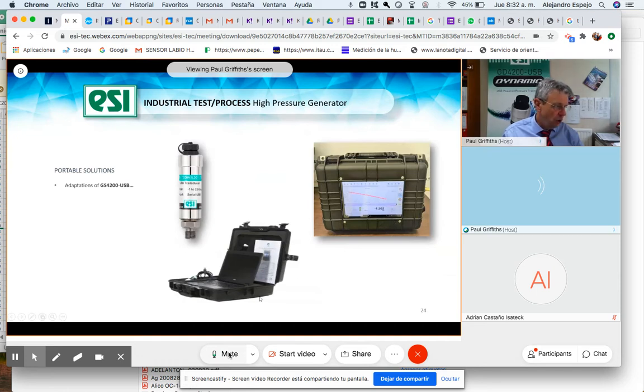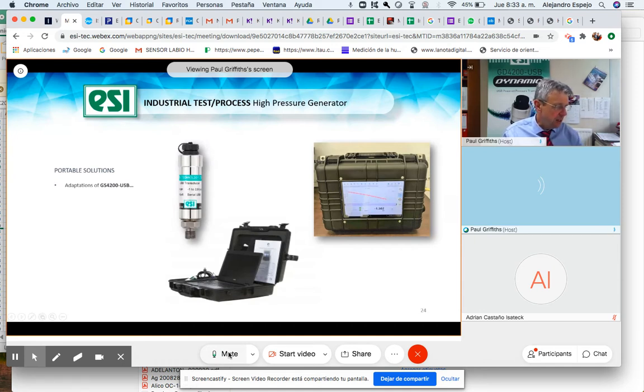And this customer in Norway, they integrated into a case with a laptop, and they have usually 2 or 3 pressure transducers, different pressure ranges, so that whoever has this equipment can test low pressures, medium, and high pressure, just with the one case.